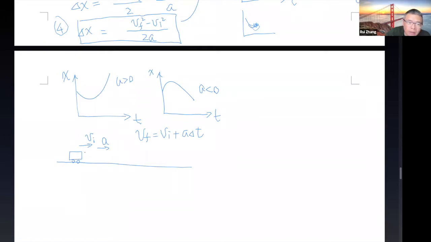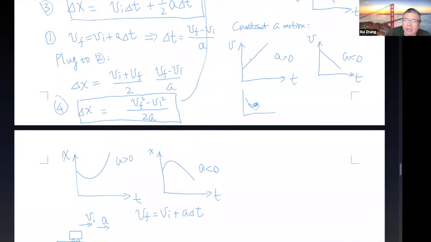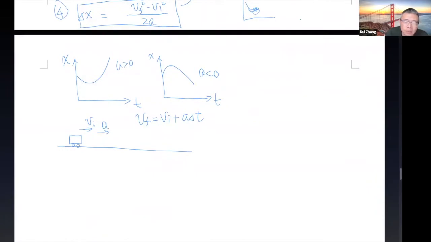Because the velocity increases linearly with acceleration like this, it just increases indefinitely. That's impossible in reality, but that's what constant acceleration tells you. So it speeds up all the way.